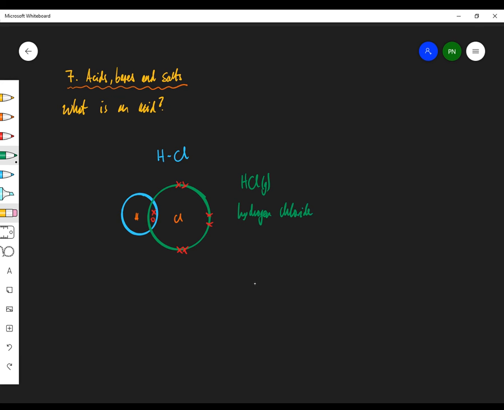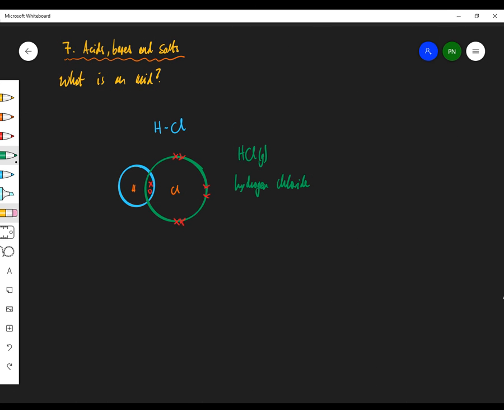Now, interestingly, if you dissolve this in water, let me draw my beaker. There's the beaker. And if I dissolve this in water, this bond here breaks. The bond breaks, and we end up with hydrogen and chloride.